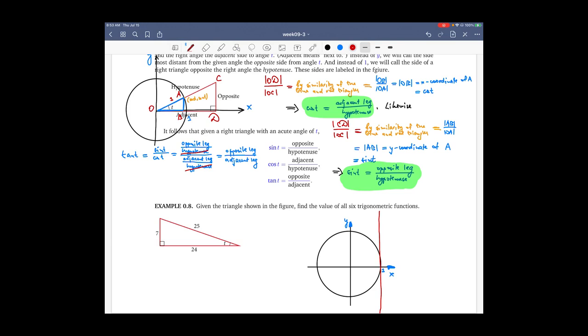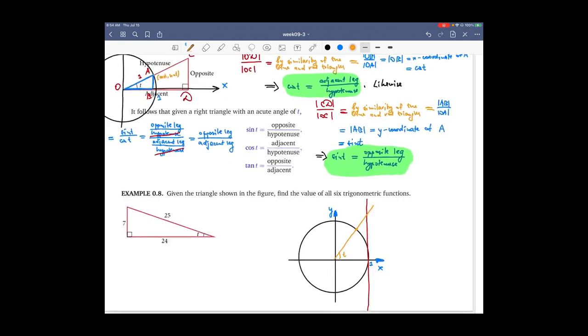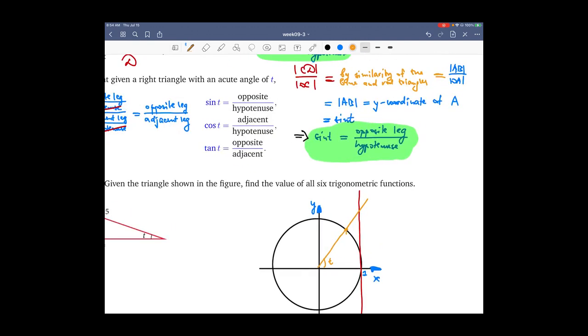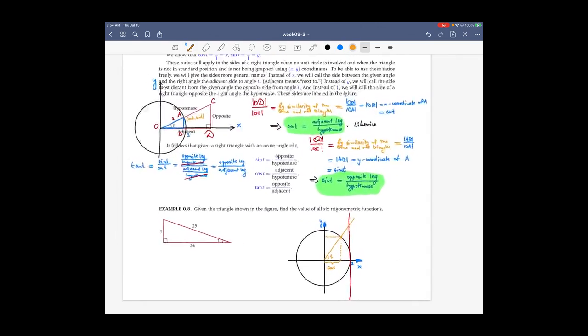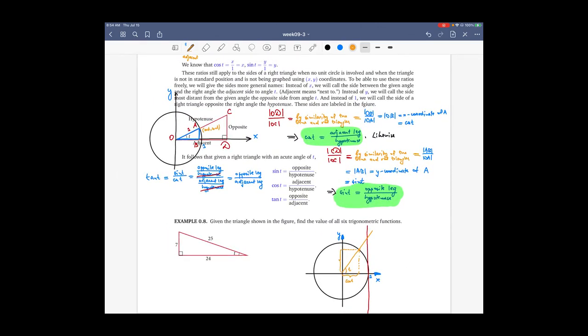What do I mean by this? Say we have an angle T, so that the coordinates of this point are cosine and sine. This distance is cosine t, and this distance is sine t.